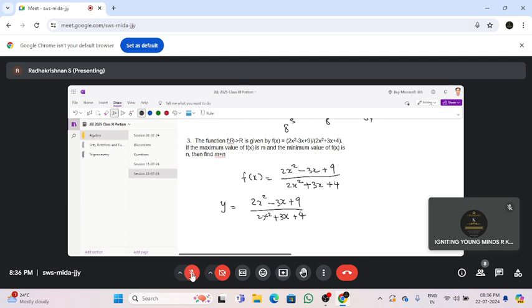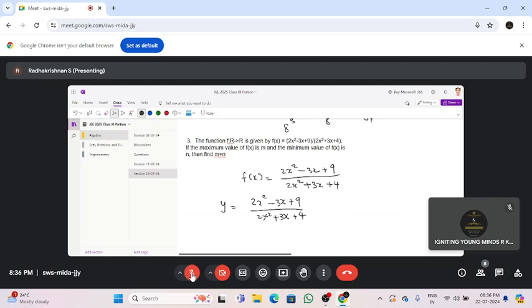The key here is it's a real to real function. Okay. Anybody? Cross multiplication. Okay. After that, bringing everything to one side.